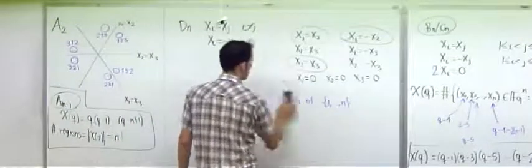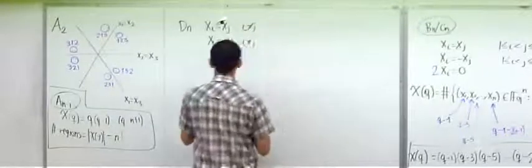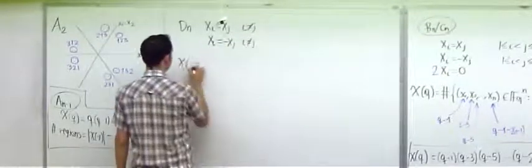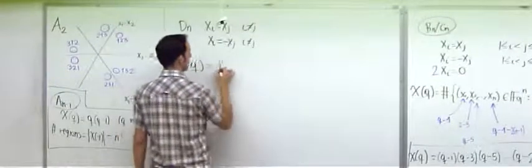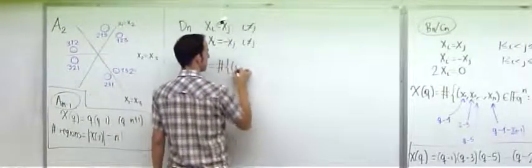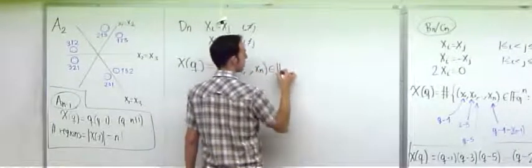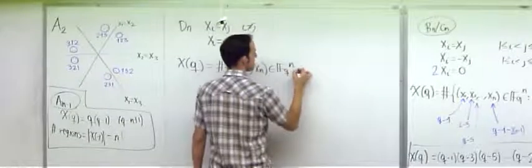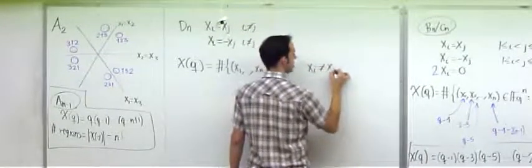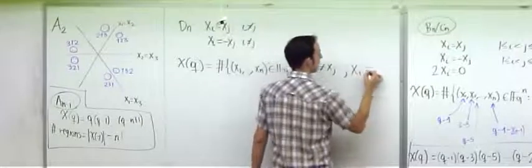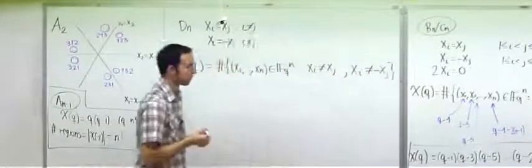So again, let's choose a large prime q, and then we're going to count the number of x1 up to xn in Fq to the n, such that xi is not xj and xi is not minus xj. Okay?